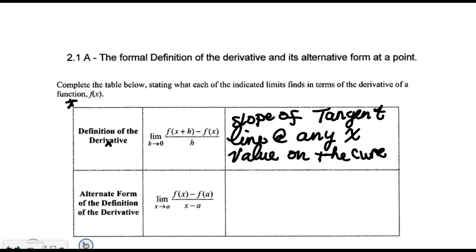And we derived that yesterday, so if I had this function right here and I called it f, your limit process, given right here, will find the slope of the tangent line anywhere along the curve of f.